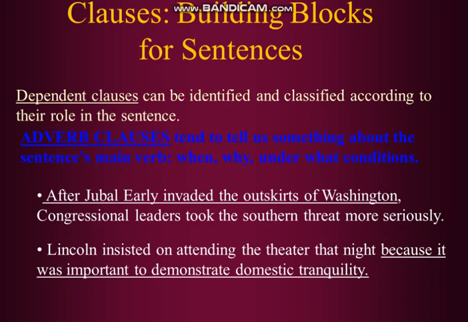Again, two clauses. The second one is a dependent clause. That dependent clause does the function of an adverb because it tells why. The main verb is attending. Lincoln insisted on attending. So insisted is the main verb, and the dependent clause tells why. All these words together tell why.